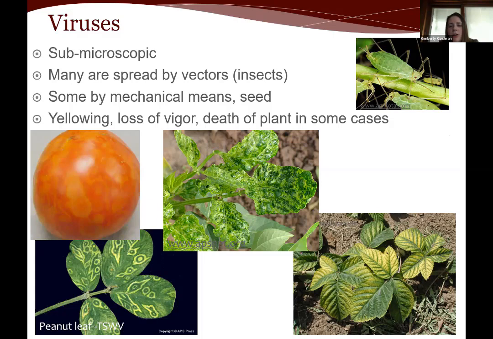So we had a question: if we have a tomato that looks like what's on the screen, should we throw it away? I mean, you can. It might not have as great of a flavor as one that is not infected, but those are used to make sauce all the time, or cooked down in tomato paste. So it's harmless to eat.